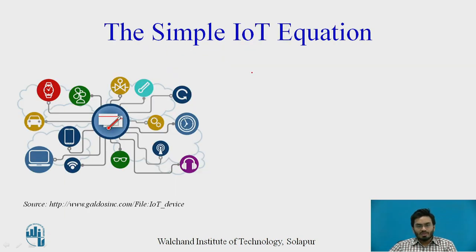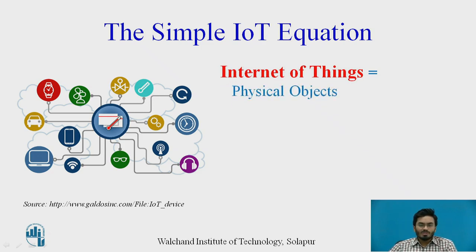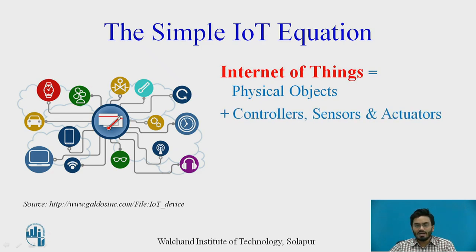Based on this particular architecture that we have seen in the previous slide, we can simply write down a small equation for IoT, which says that the Internet of Things is a composition of physical objects along with some sort of controllers, sensors, and actuators, which are going to decide when I need to connect to the internet, what data is to be smoothed out, and when I need to send it to the internet, plus the internet.